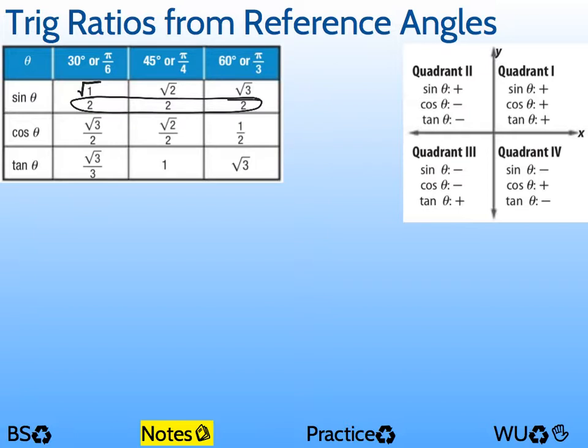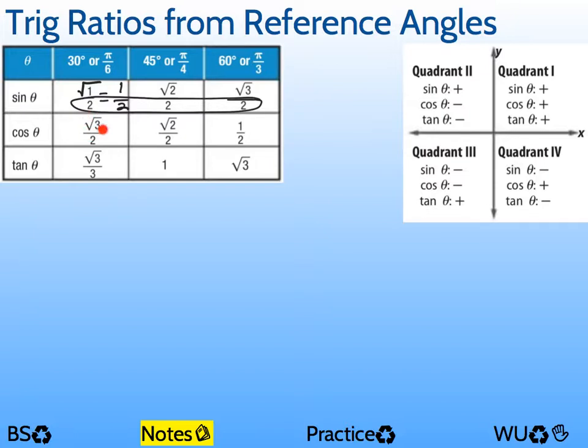Oh hey, what's the square root of 1? Why, it's 1, of course, which means that the square root of 1 over 2 is just regular 1 over 2. So if you just think of it as square root of 1, 2, 3 going across for 30, 45, and 60 degrees, and put everything over 2, you'll have a perfect situation.